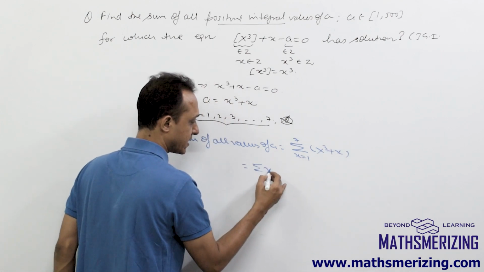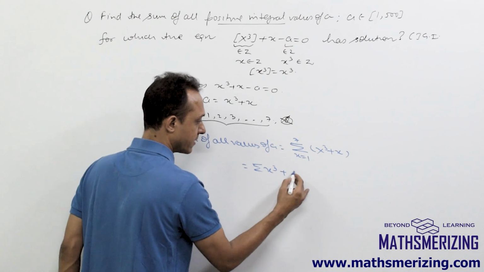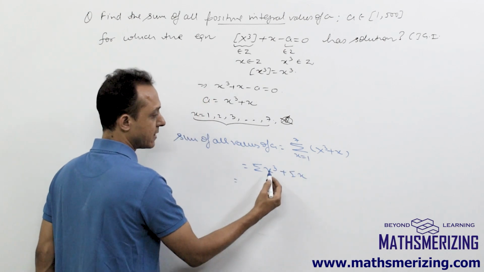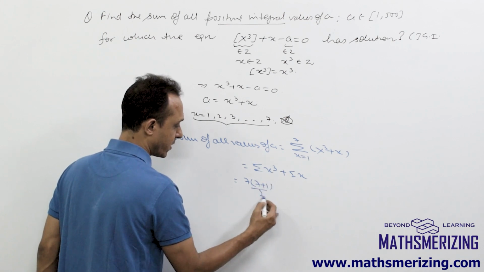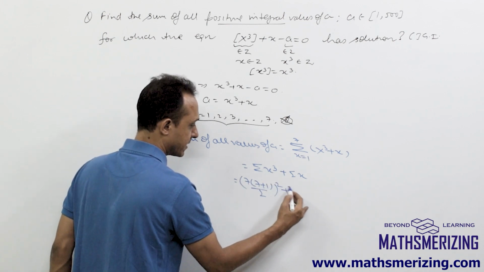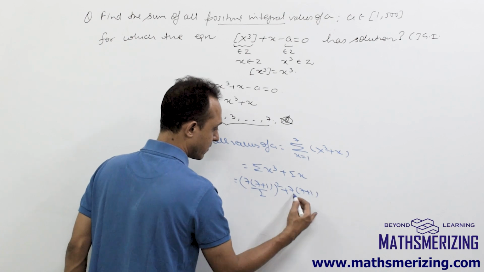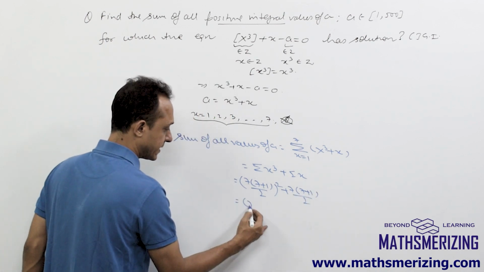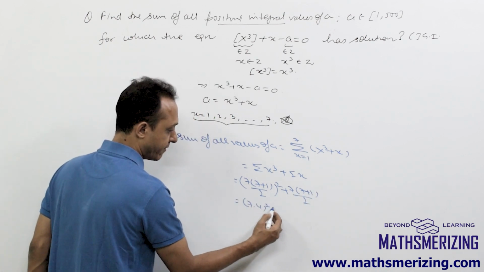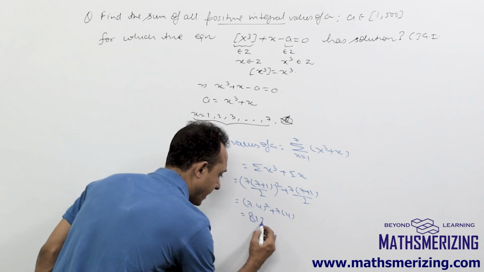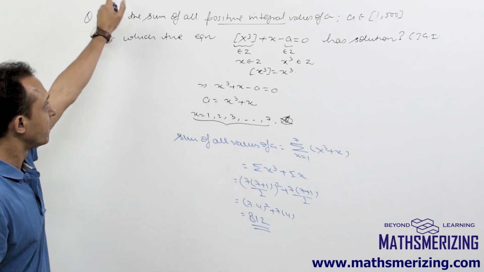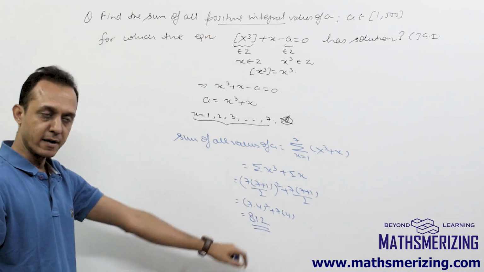So that is summation x cube plus summation x. Now summation x cube is n into n plus 1 by 2 whole square, and summation x is n into n plus 1 by 2. So it is 7 into 4 whole square, and 7 into 4. That gives 812. So the sum of all positive integral values of a is 812.